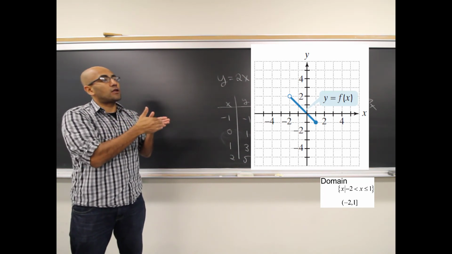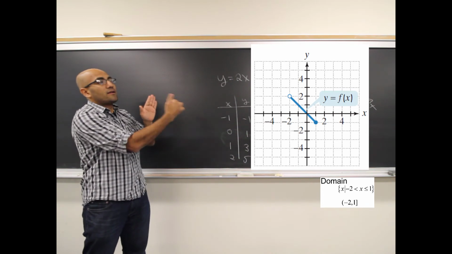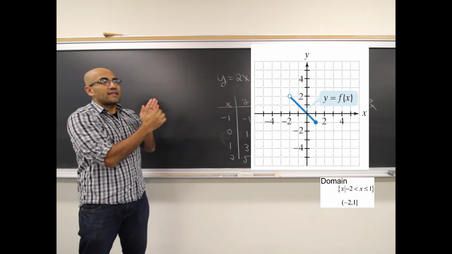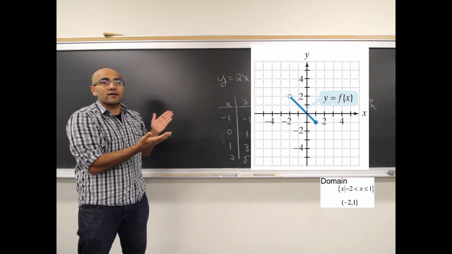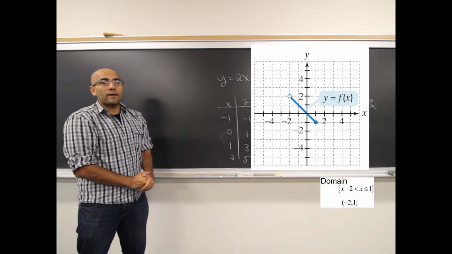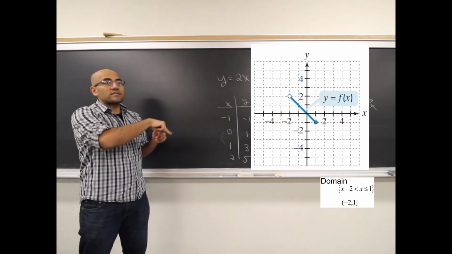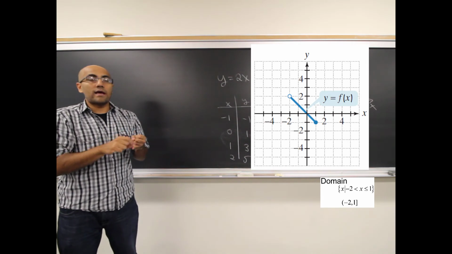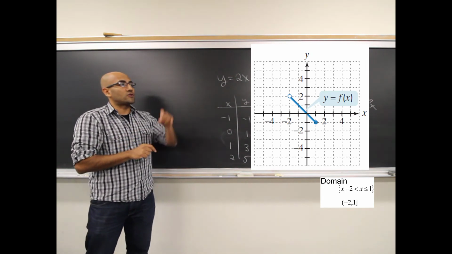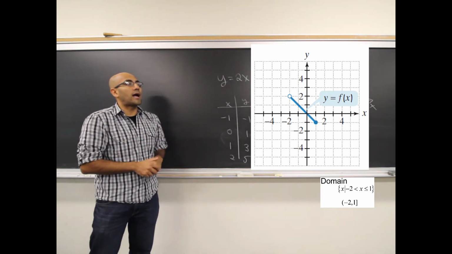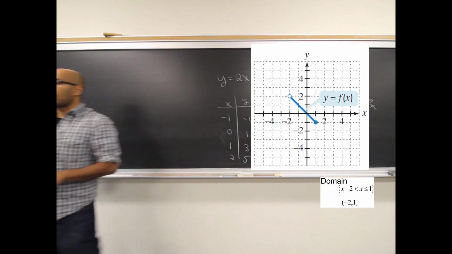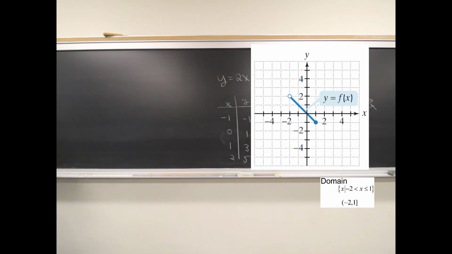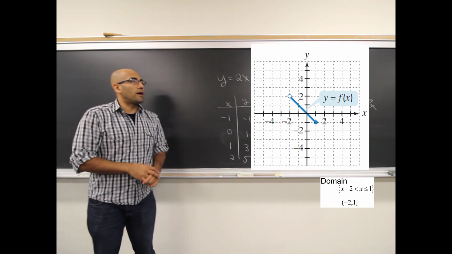We get infinitely close to -2 from the right-hand side, like -1.9999999 is in there, but -2 is not. So it's going to be parentheses. When we don't want to include the endpoint, we use parentheses in our notation. So it's going to be parentheses, -2 comma 1 brackets.